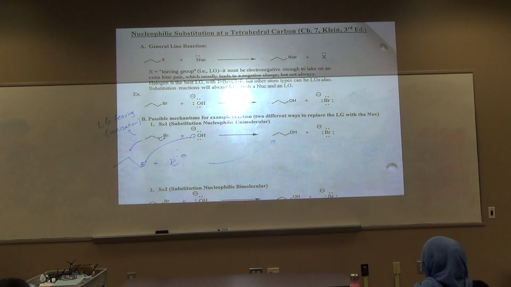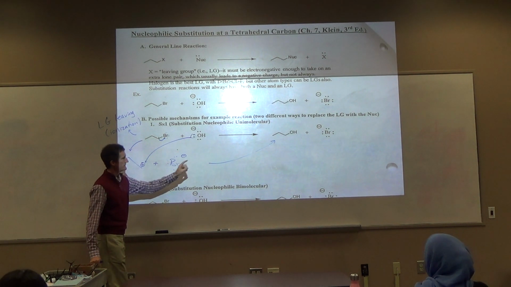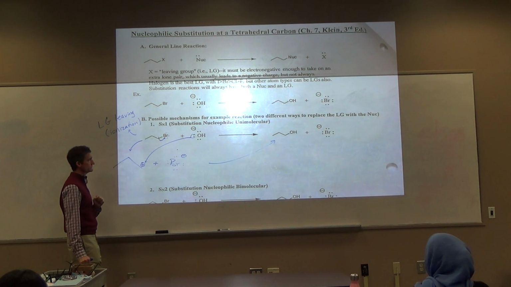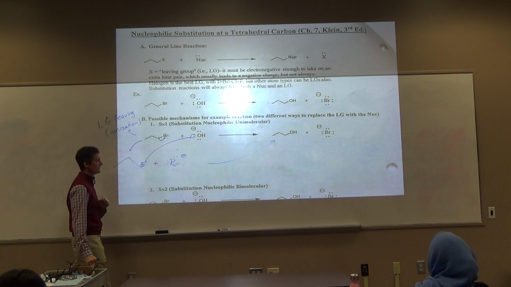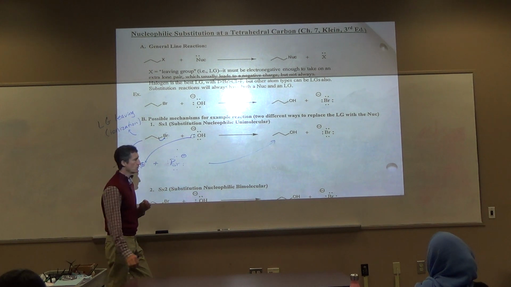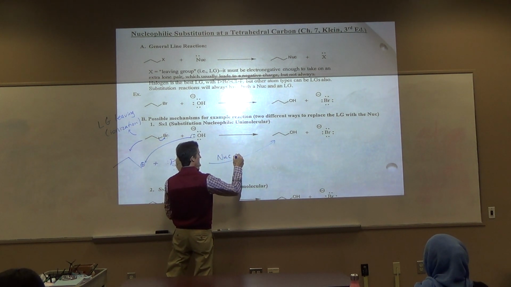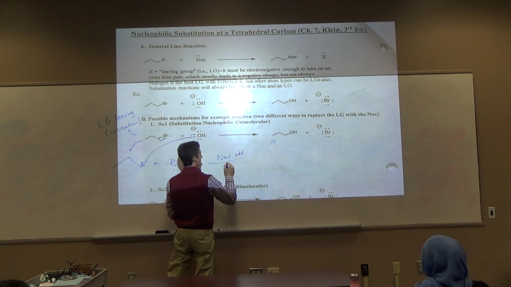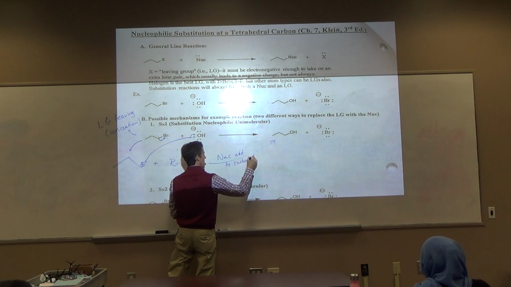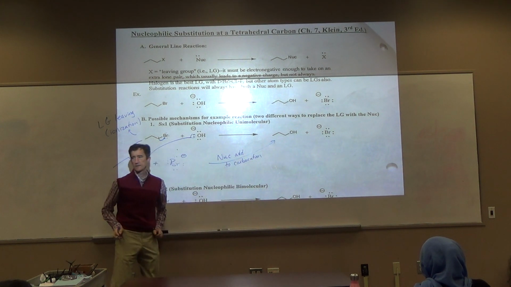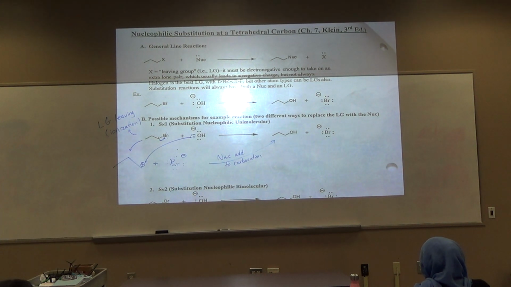Yes, ionization, leaving group leaving. That was the first thing we showed. What was the second step? I don't know if we can have a single word, but it would be nucleophilic addition to carbocation. Again, not a single word, but that's what happened, right?